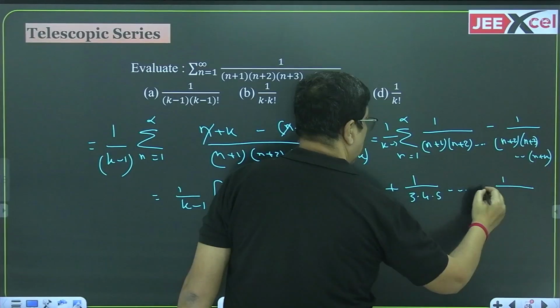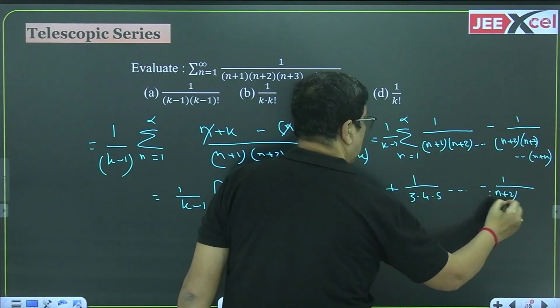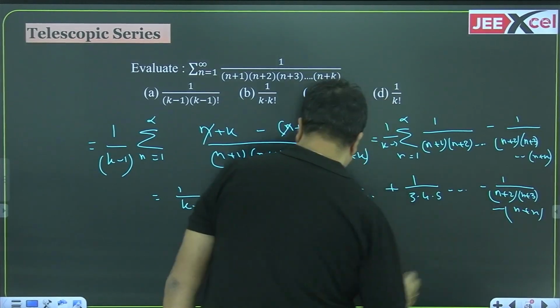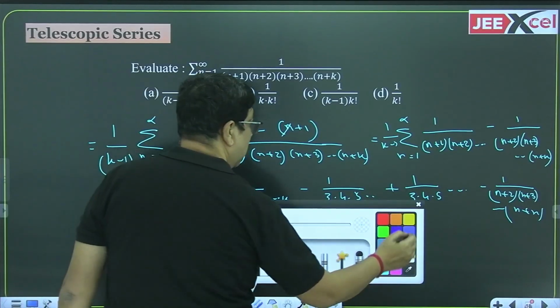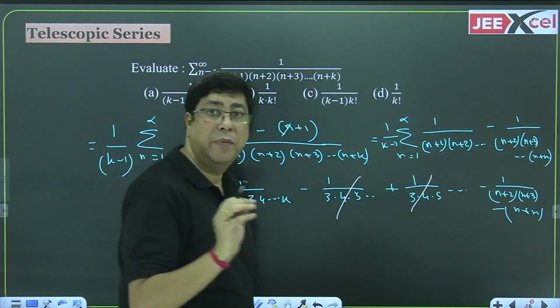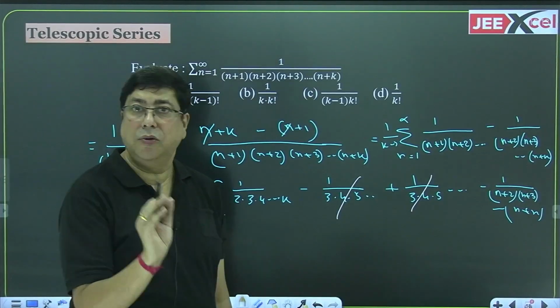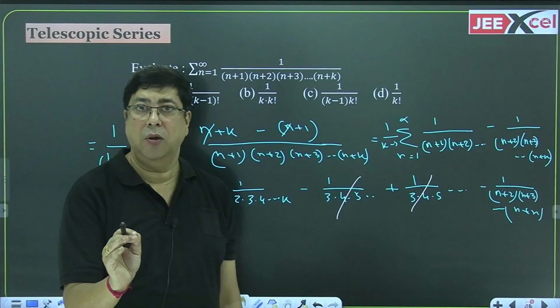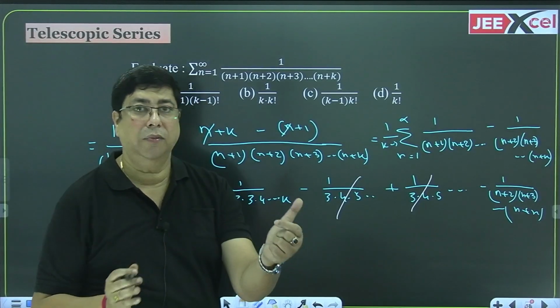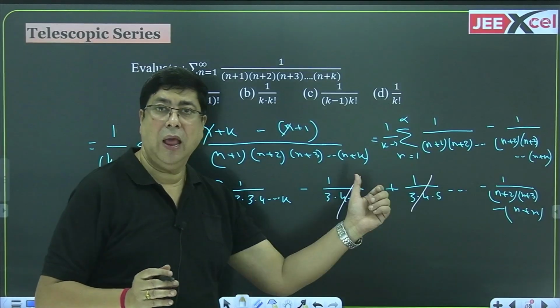So 1 by n plus 2, n plus 3, n plus k, right? And if we calculate, you see all terms are getting cancelled and the first term and last term remain. Always in this type of telescopic series some terms may remain in the beginning.